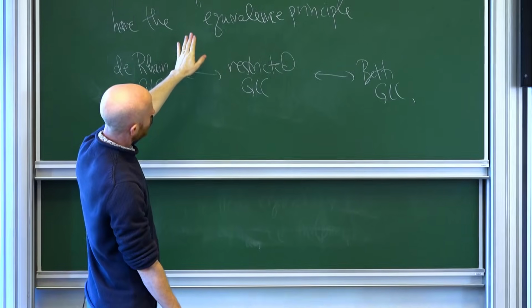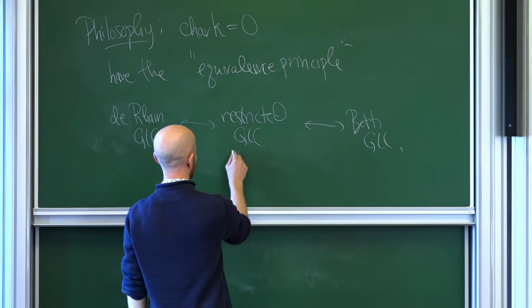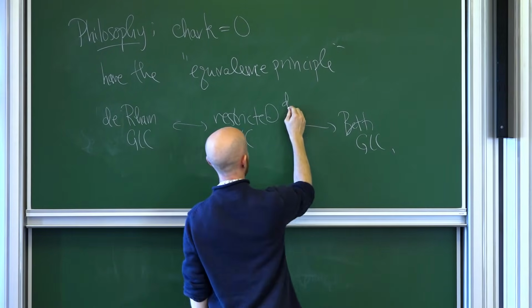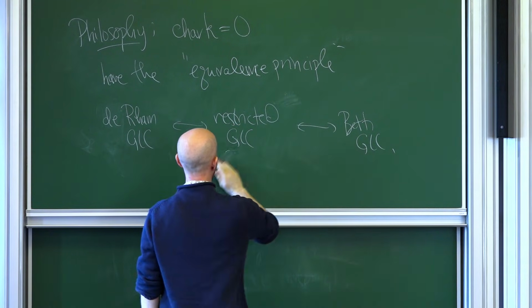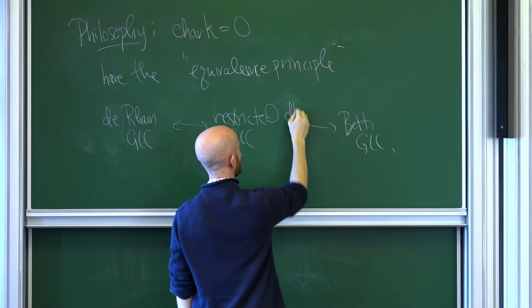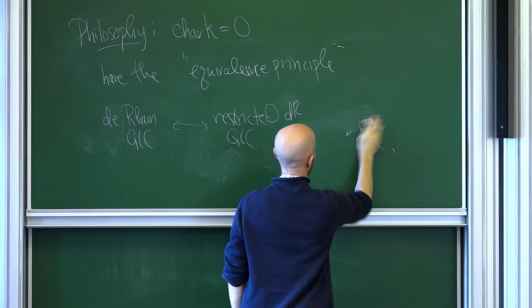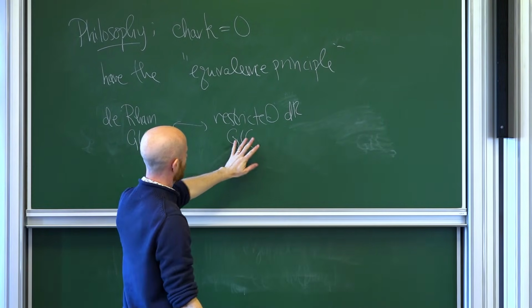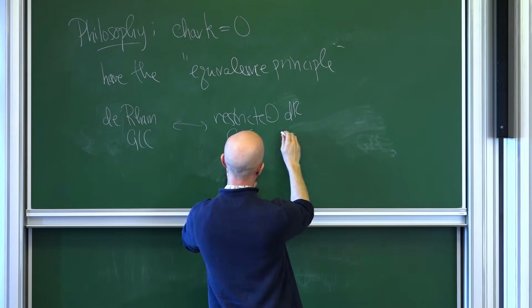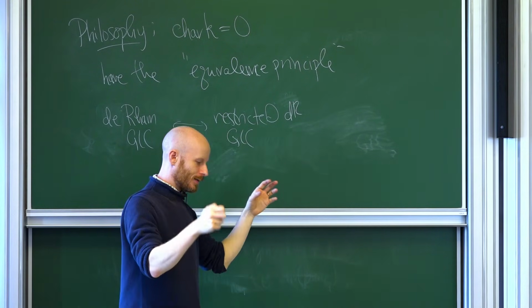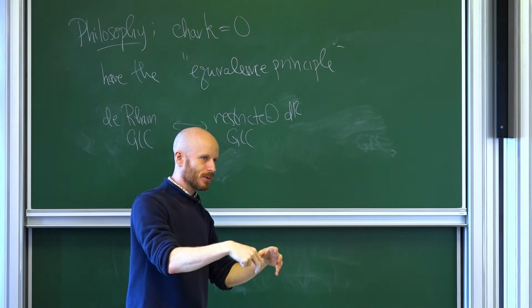So étale in characteristic 0, yeah. I guess I'm being a little bit sloppy here. When I talk about restricted, I'm dealing with some notion of constructible sheaves or something.